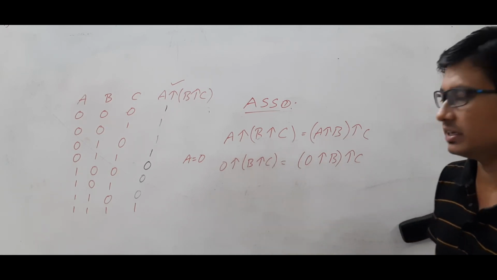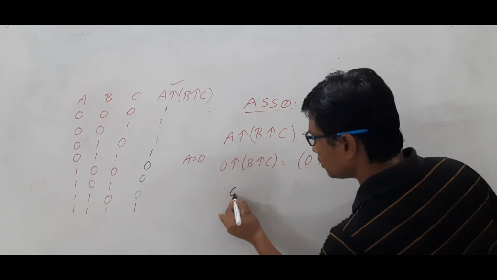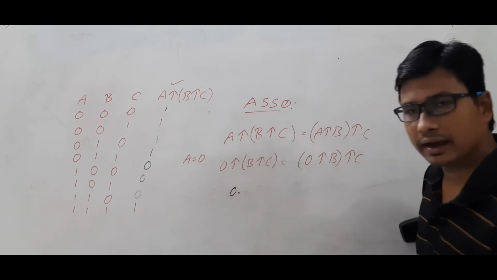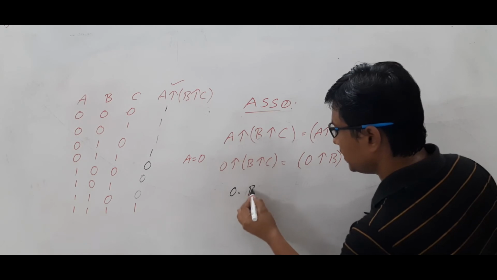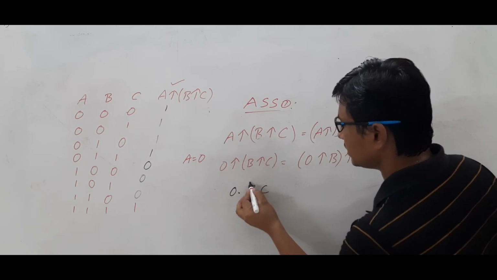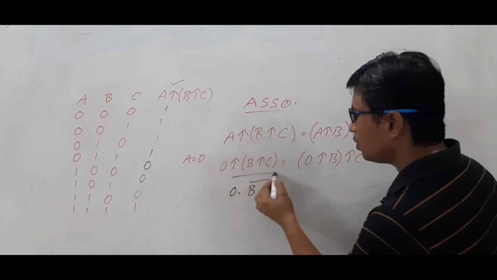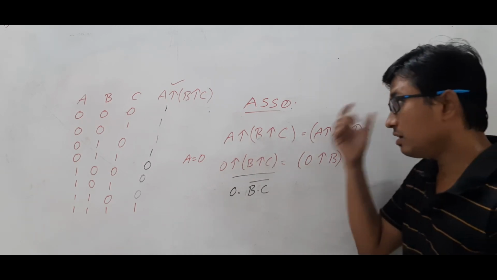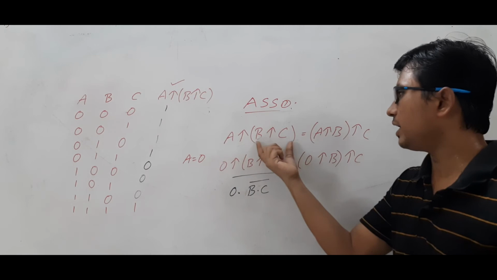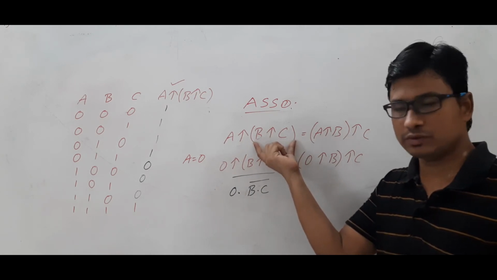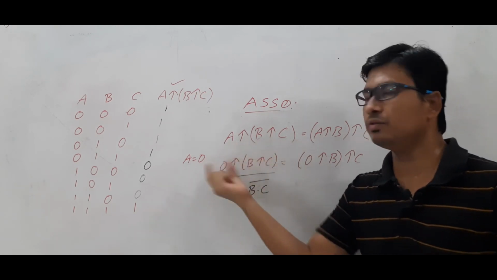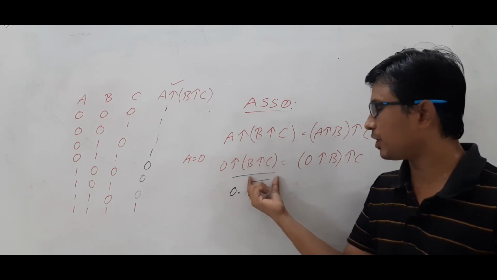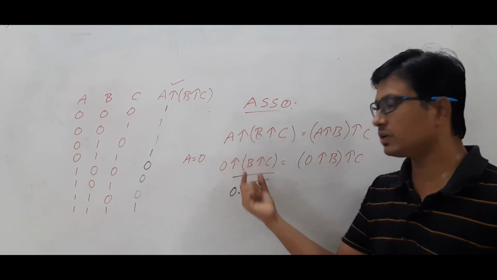If I substitute A equal to 0 in the LHS and RHS, I will get this. Let me simplify it. This is equal to 0 Nand, and inside that is B and C Nand whole Nand. Is it clear? What is the meaning of A Nand (B Nand C)? First we need to perform this inner one, and after that we have to perform the outer one. So B, C I am performing the Nand, and over this result I am performing the Nand.